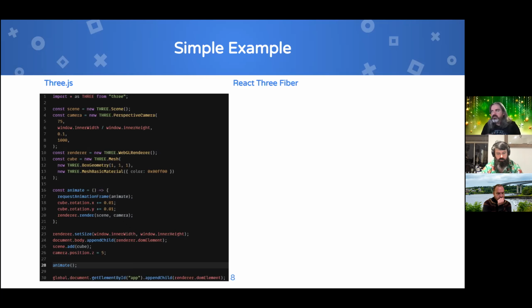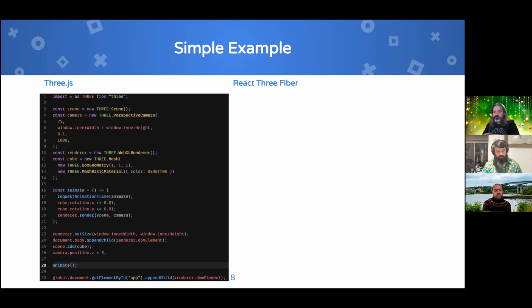We've then got an animation loop. All that's doing is rotating on the X and the Y a little bit at a time, by 0.01. Then we set the render area, append a child, and add the cube to the scene. Camera position Z is basically pulling back 5 units.